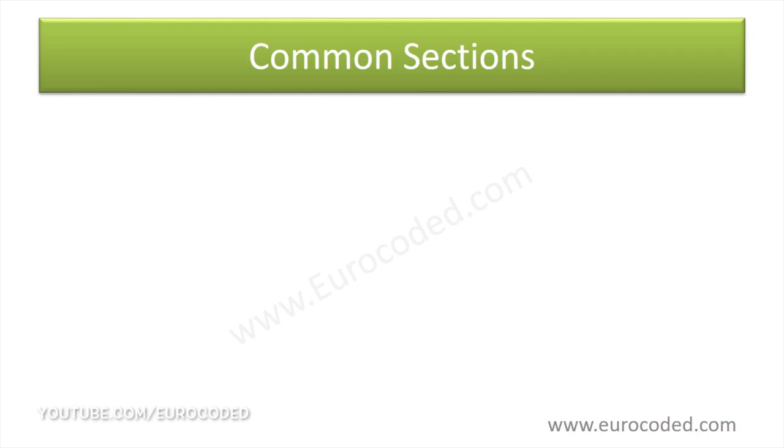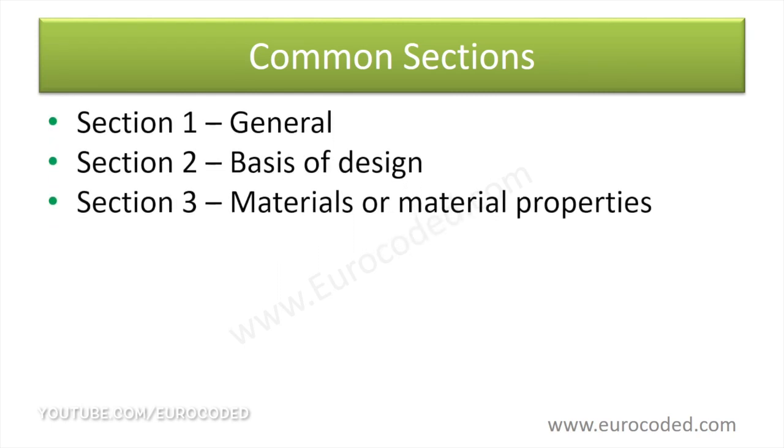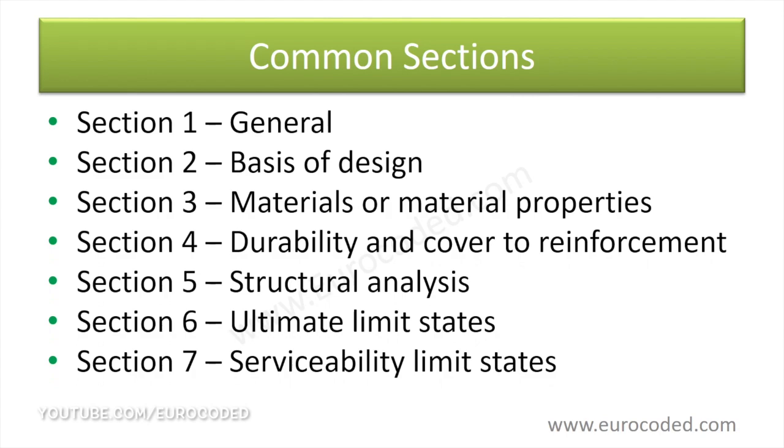All Eurocode 2 parts are structured in a way where the first 3 sections are the same for all 4 parts. So sections 1, 2 and 3 are common across all 4 parts of Eurocode 2. And the first 7 sections are the same for Eurocode 2 Part 1.1, Part 2 and Part 3.